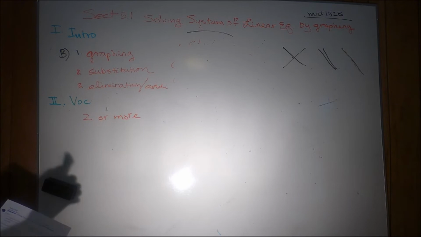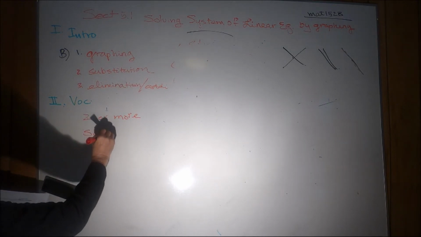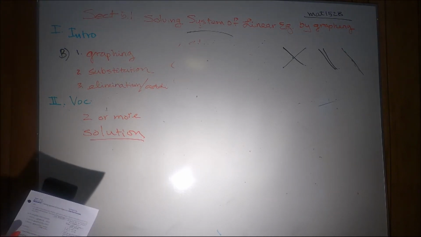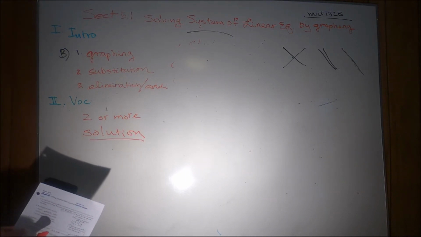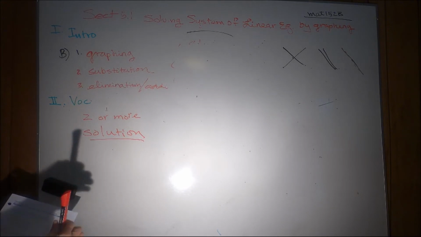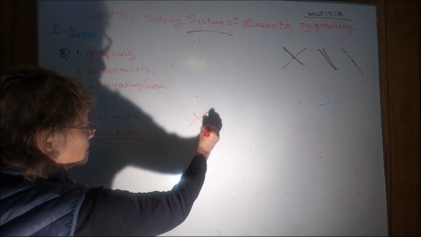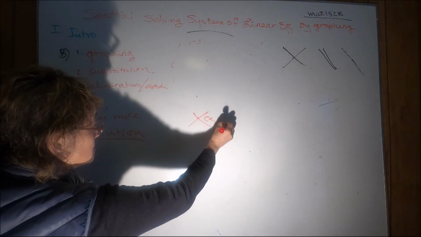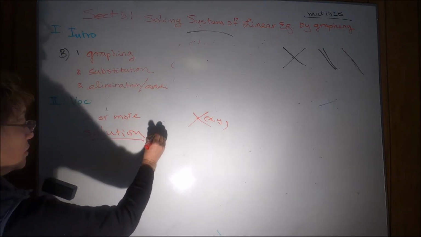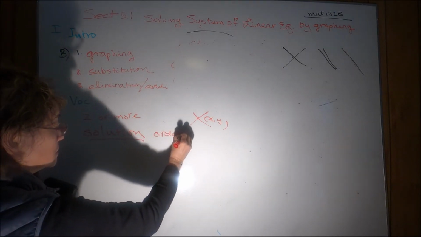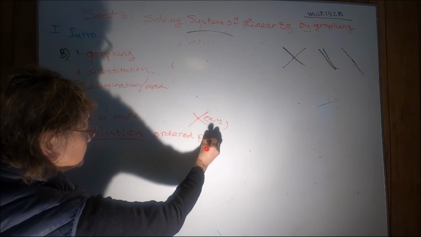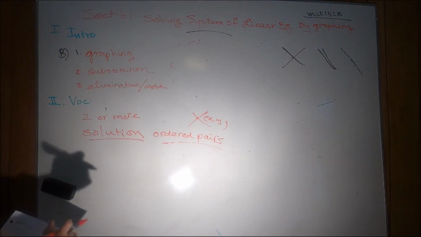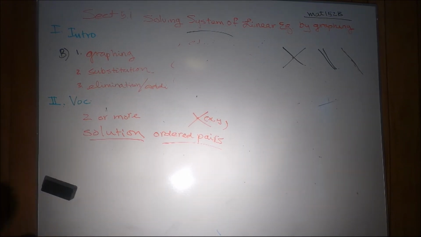And so what is a solution? Solution means what? If it's a solution, it must be the place where they meet, like this, right? Where they meet is called x and y. We call them what? Ordered pairs. That is a solution for both equations.